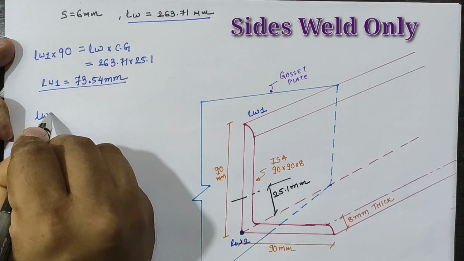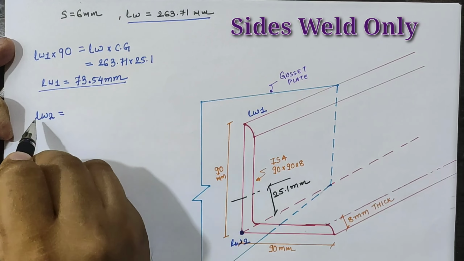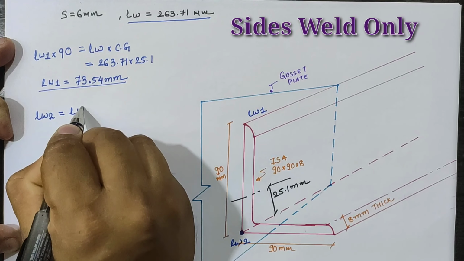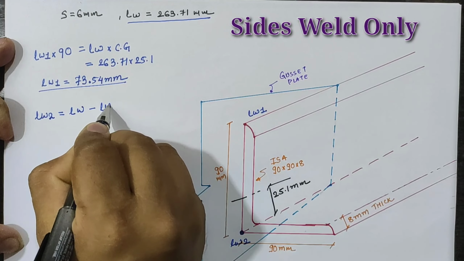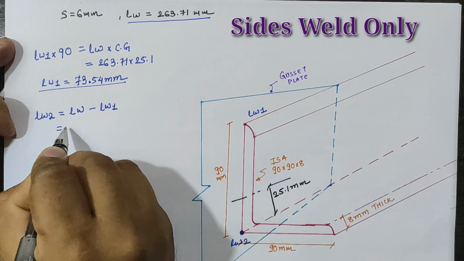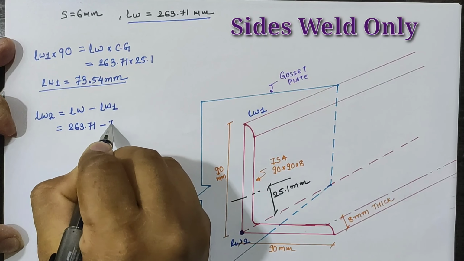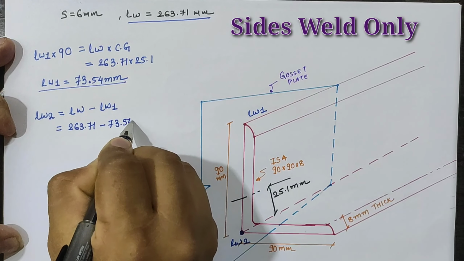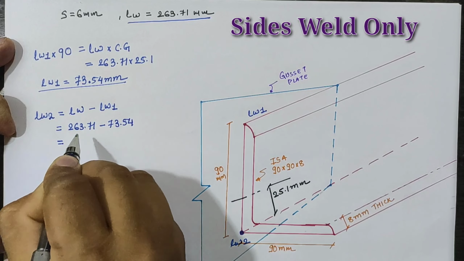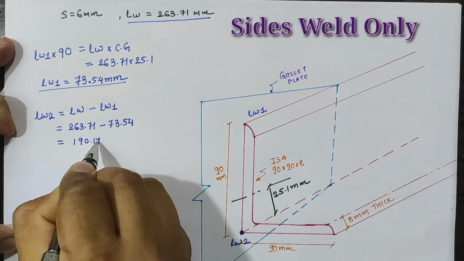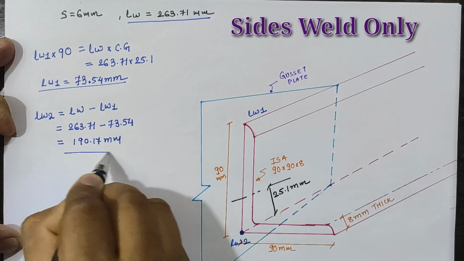Similarly, the length of weld at the bottom can be calculated by the total length of weld minus the length of weld at the top portion. So 263.71 minus 73.54, which is equal to 190.17 mm.